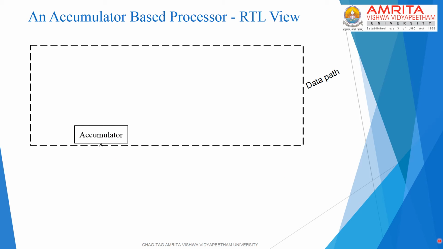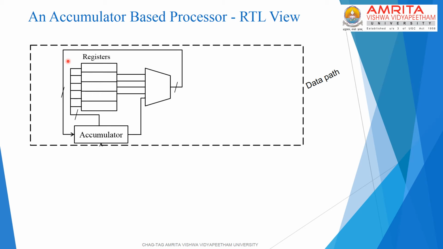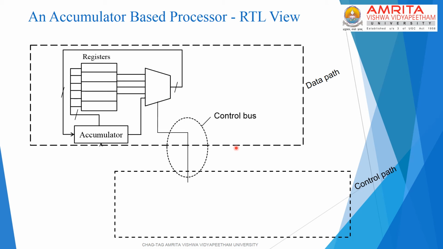So in the data path of the accumulator based processor, we have the entire register file including the accumulator being routed through a multiplexer to the ALU as one of the operand inputs. The select line of the multiplexer will be driven by the control path depending on the opcode of the instruction.